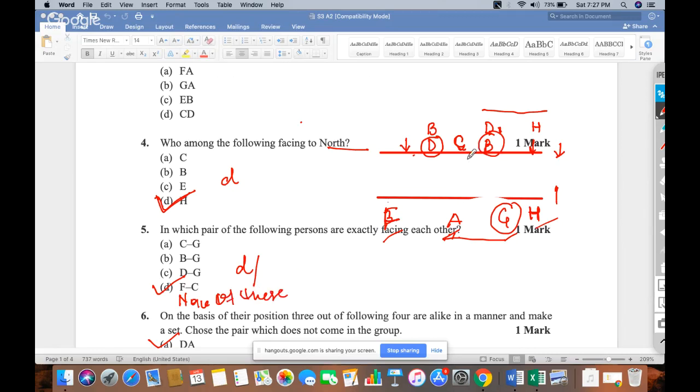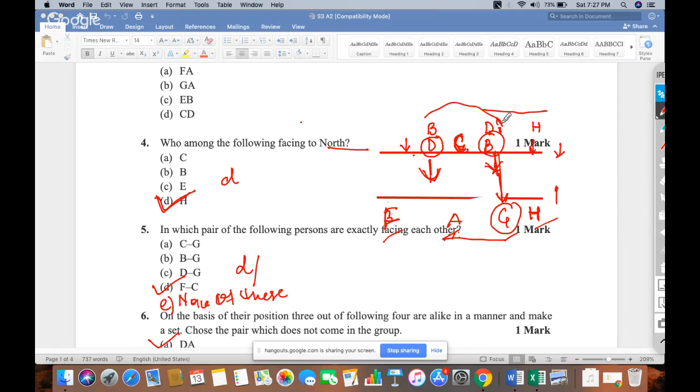Because what he is doing in this question is that he is taking the question as it is. If he's saying C is sitting between D and B, he's assuming D to be here and B to be here, which is not the right case. Even if it has been written in the solution, and as B is sitting here, it has been told that B is sitting opposite to G. But from my experience, this is absolutely wrong.